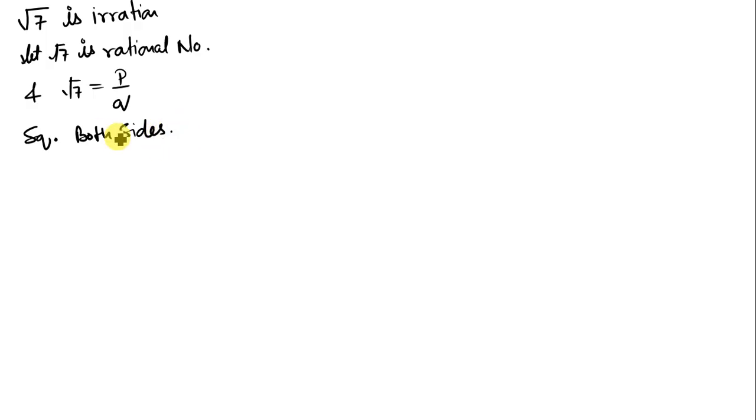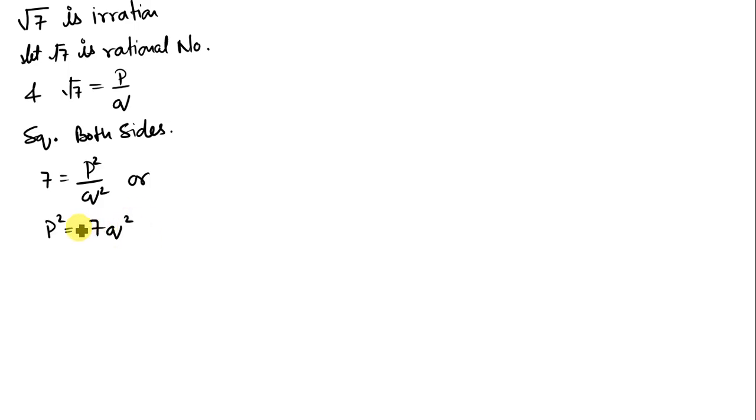You can write all the short forms that are possible. Not every term can be made short, but a few of the terms that are quite understandable we can write in the same form. Now squaring both sides, it will become 7 is equal to p square over q square. Then we will rearrange it, or p square is equal to 7 q square.